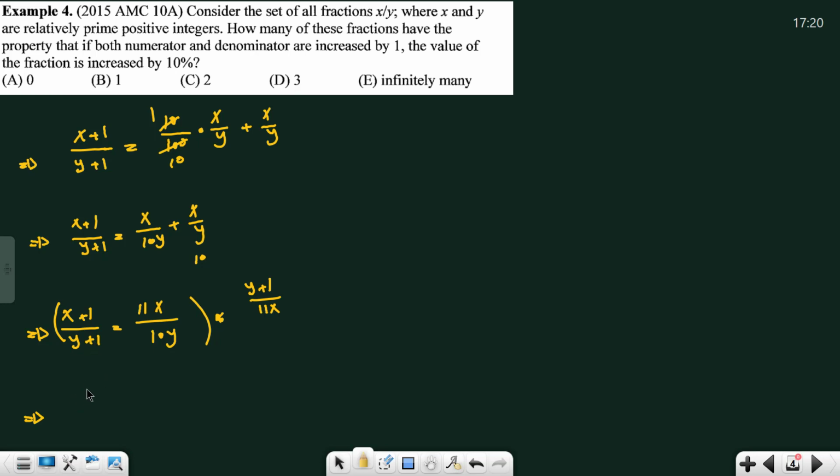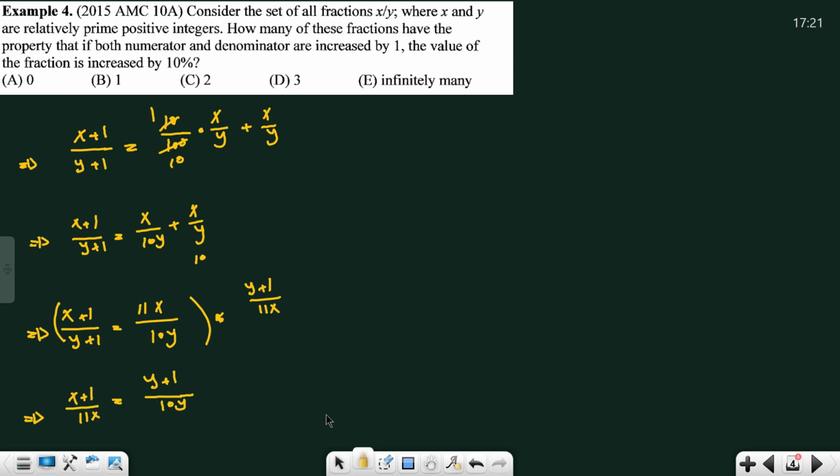If I multiply it, this one and this one are going to cancel, so it's going to be x plus 1 over 11x. And if I multiply y plus 1 over 11x by this one, the 11x cancel each other, so I get y plus 1 over 10y.